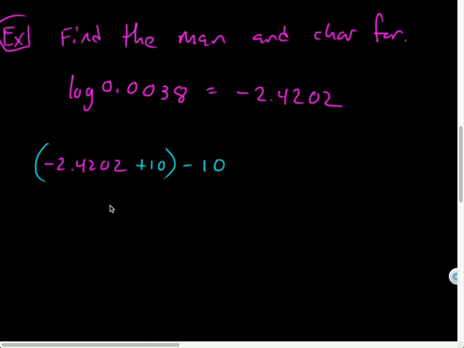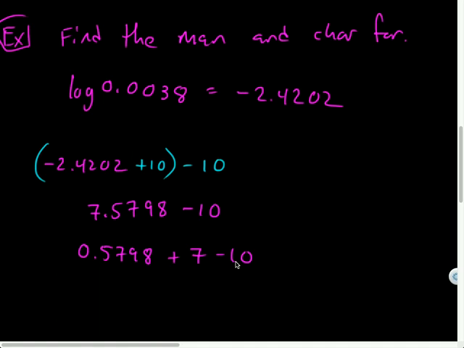And I will get 7.5798, sorry, my apologies. And if I subtract 10 from that, I can separate this out into 0.5798 plus 7 minus 10, where I'm separating out the decimal part.